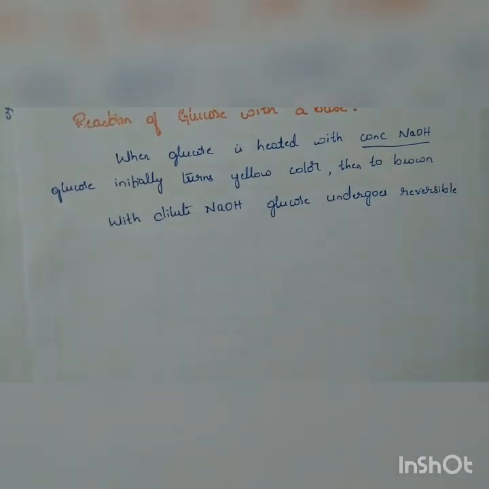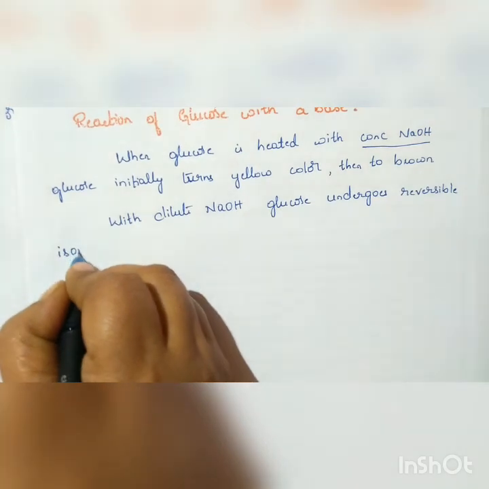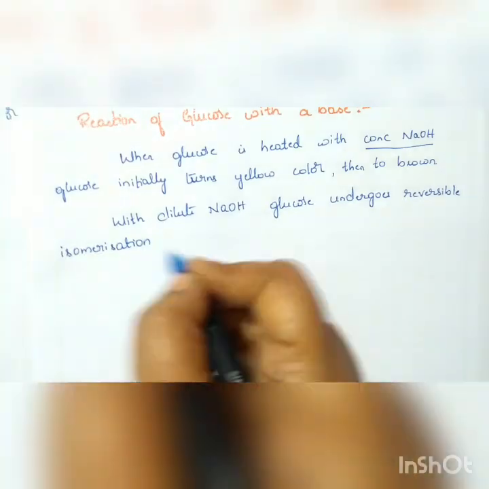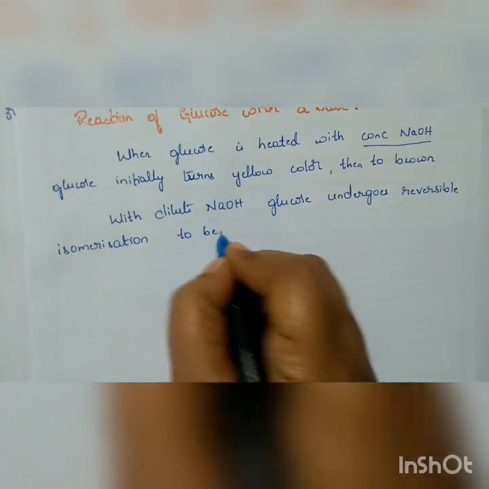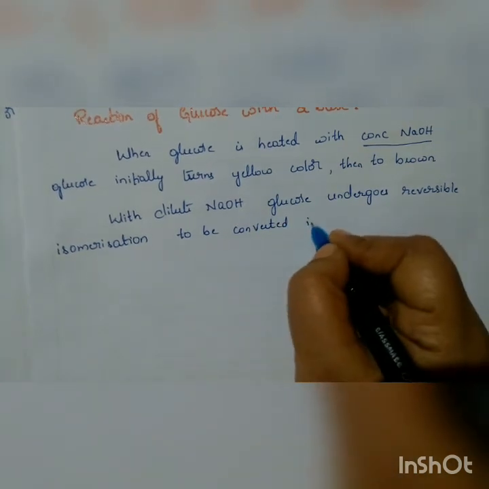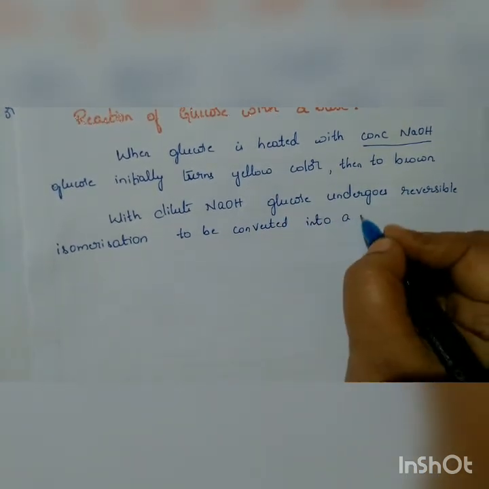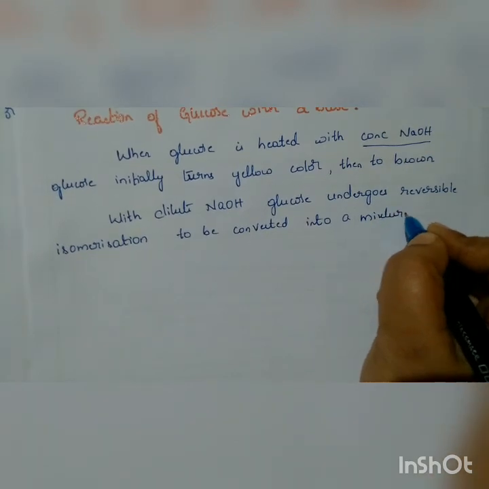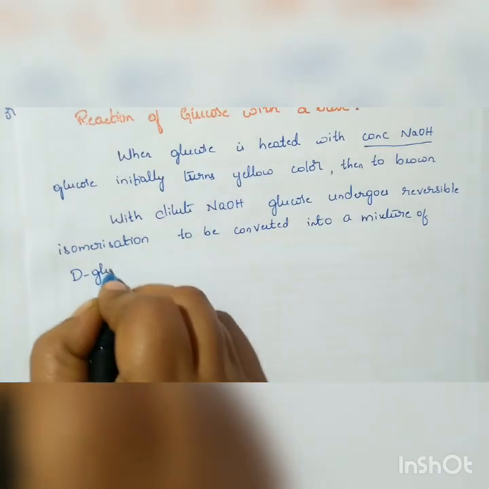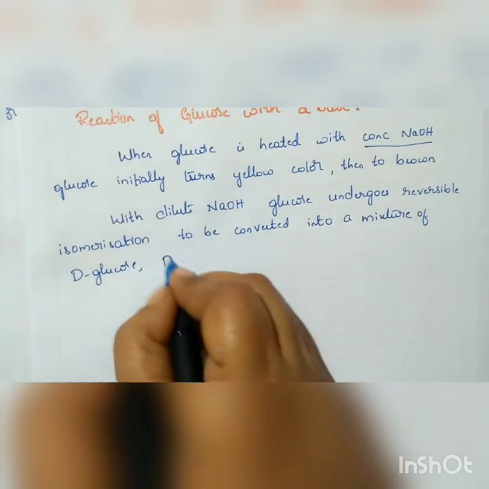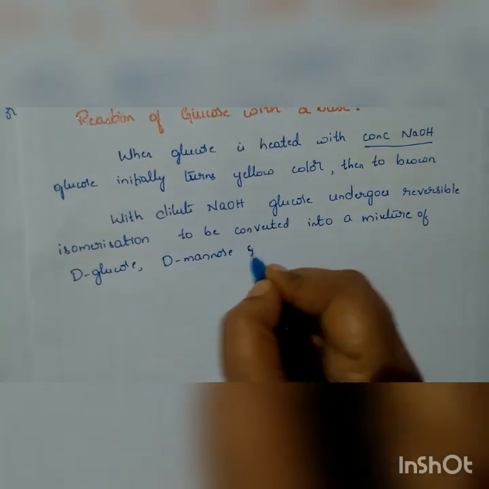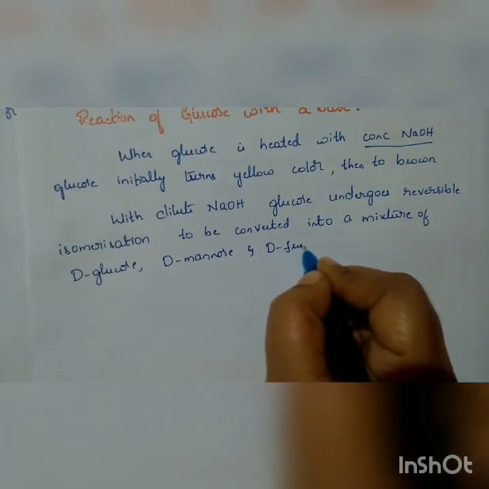It forms reversible isomers, and that process is called isomerization. It is converted into a mixture of D-glucose, D-mannose and D-fructose.